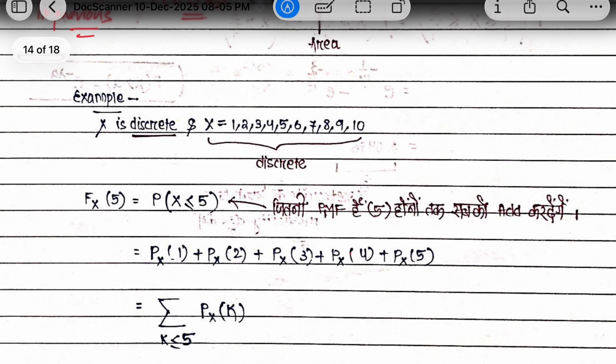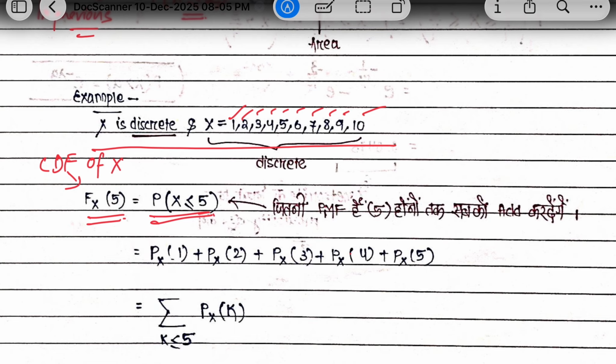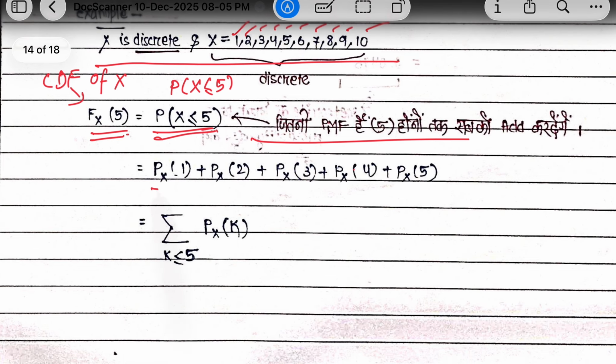So x is a discrete random variable, and x is 1, 2, 3, 4, 5, 6, 7, 8, 9, 10. So we want to find the CDF of x, that is P of x less than or equal to 5. So we need to sum all the values up to 5, as equality is given.